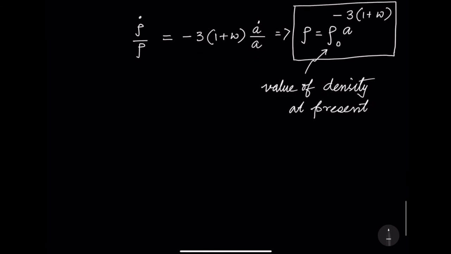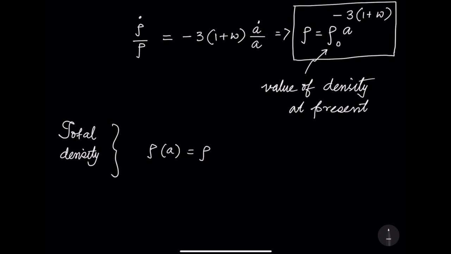So the total density of the universe, I can now write as ρ as a function of a is ρ_γ0 (gamma is for the radiation) a to the minus 4, plus ρ_m0 a to the minus 3 (m is for matter, of course), plus ρ_Λ0.